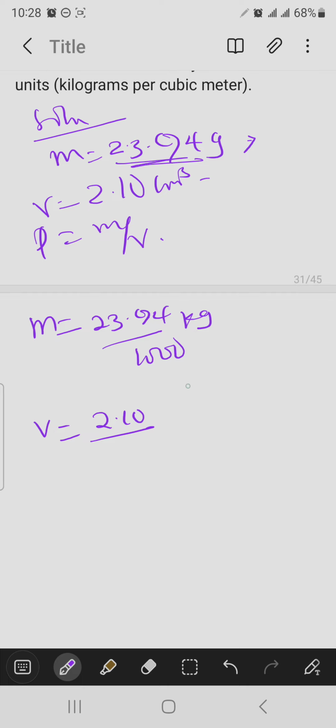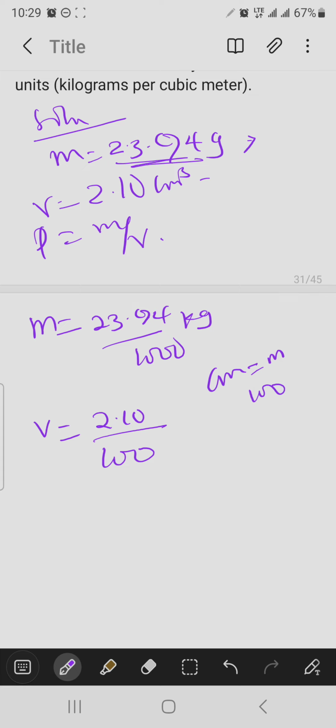So this one is in centimeter cube, and this one is going to be divided by 100, so now it is in meter cube. From centimeter to meter, it will divide by 100.